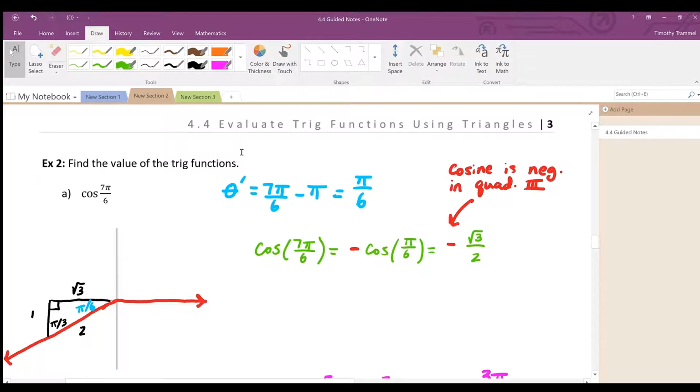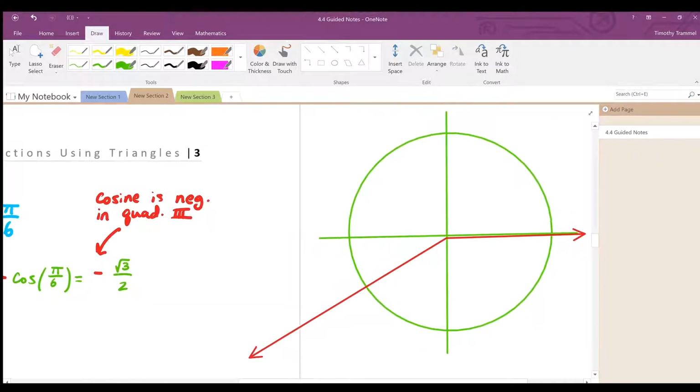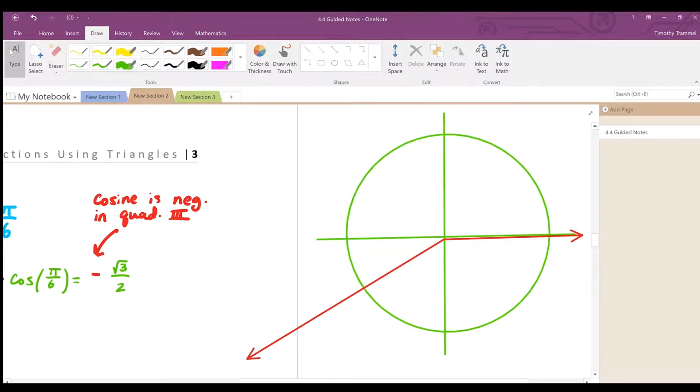So you might be wondering why what we did worked. Why does this work? Okay, let's look at a picture and see why. So here's a picture of our unit circle and of our angle 7 pi over 6. And let's real quickly sketch in also the triangle that we used.